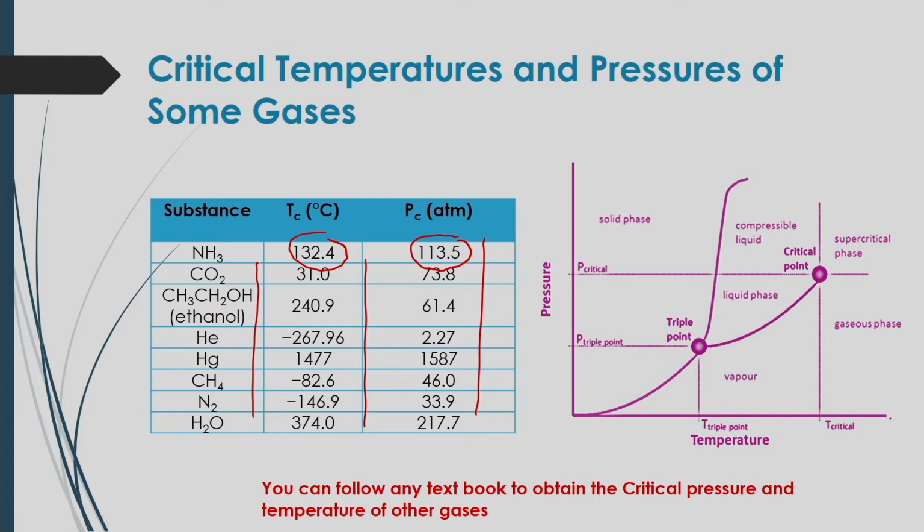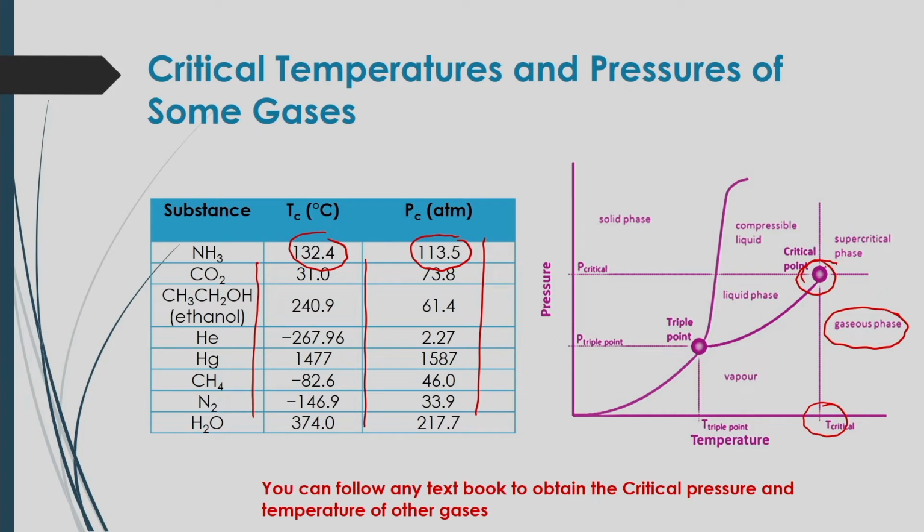And in this figure, if we represent the non-ideal behavior of the gas, you will see that beyond this critical point, at this temperature, the gaseous mixture will not be able to convert into liquid form. At this critical temperature and the corresponding critical pressure, beyond this point there will be no formation of liquid.